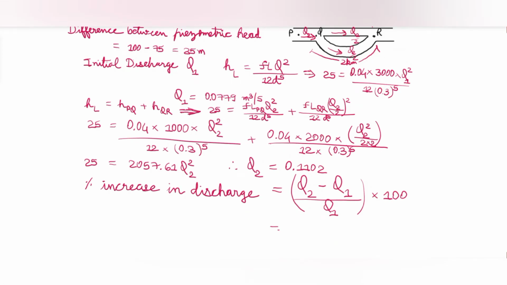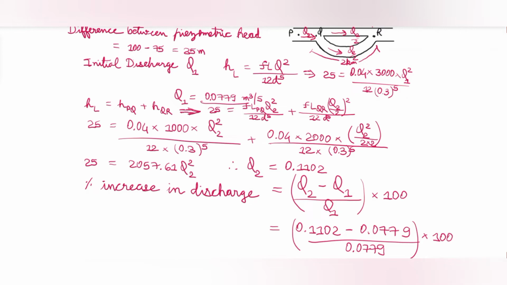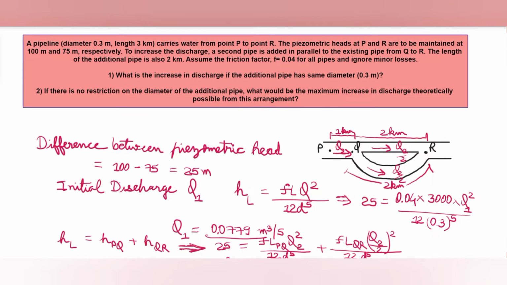Q2 is 0.1102 and Q1 is 0.0779, so 0.1102 minus 0.0779 divided by 0.0779 into 100. On solving this, we get the percentage increase in discharge, which is equal to 41.4%.